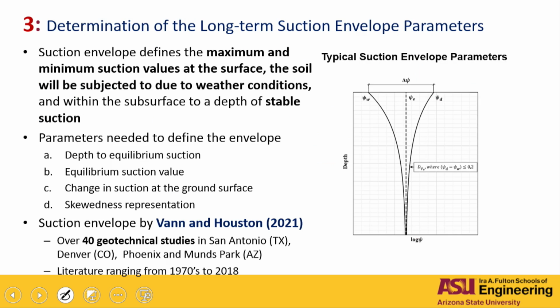Because there's some analysis that says, okay, this one is not a nice cubical thing going down. So we use a suction envelope that was postulated by Vann and Hirson in 2021.